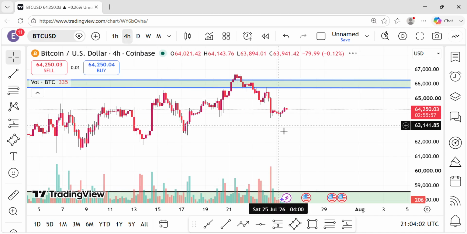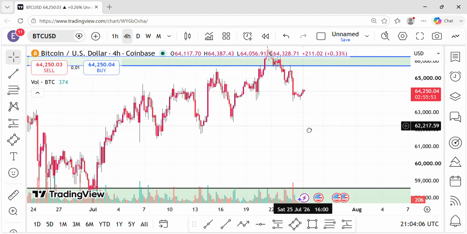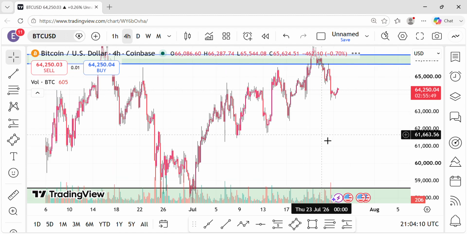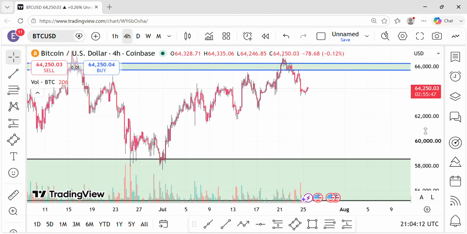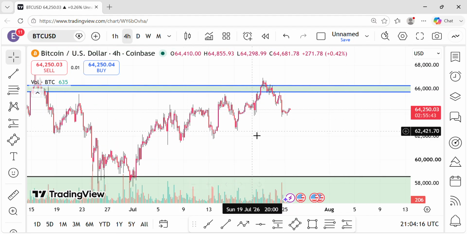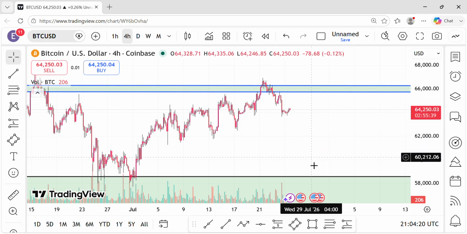So if we come to the 4-hour, we can definitely see well how this market is moving. So we can see that it's moving sideways to the upside, right?